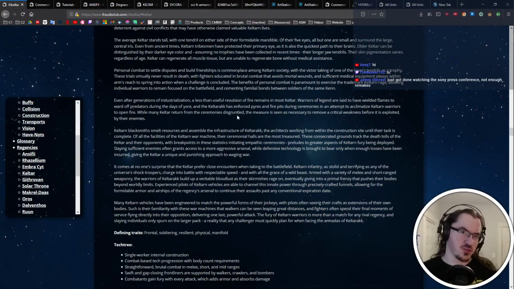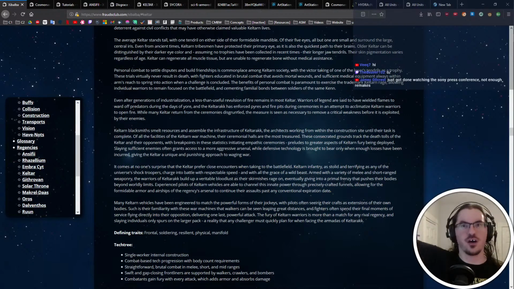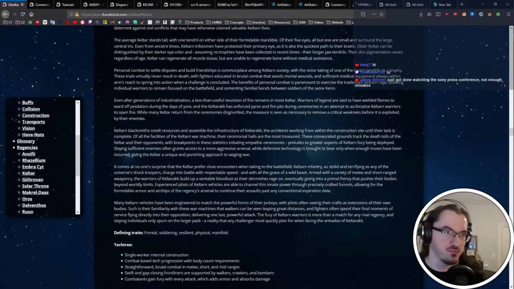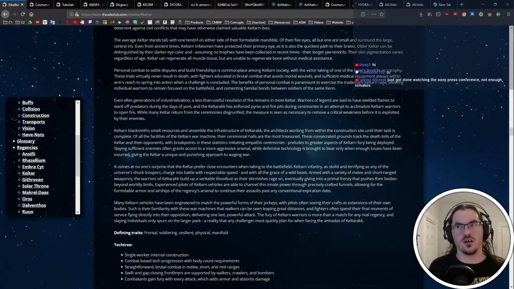Although it also alludes to a mechanic I was playing around with mentally, which would be that after a certain amount of time of maintaining their shield, it could be something like if they maintain their shield for longer than 2 seconds, they start benefiting the longer the shield persists, which could be pretty interesting. But I imagine it would have to be local. If it was a global mechanic, I think it would morph too many of the engagements with Keltar.